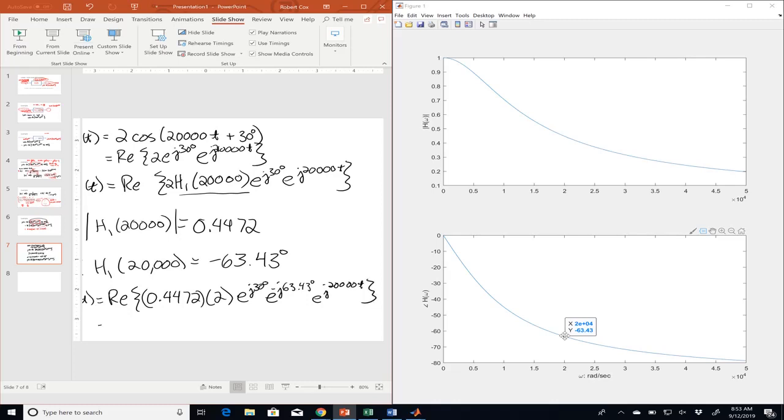Or 2 times 0.4472 cosine of 20,000 t plus 30 degrees minus 63.43 degrees, like so.